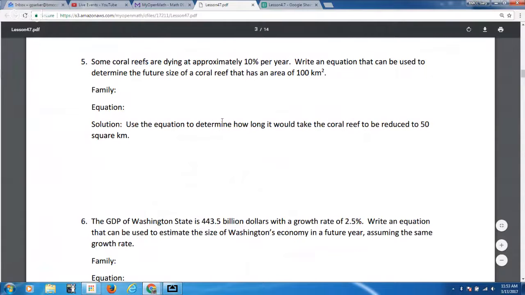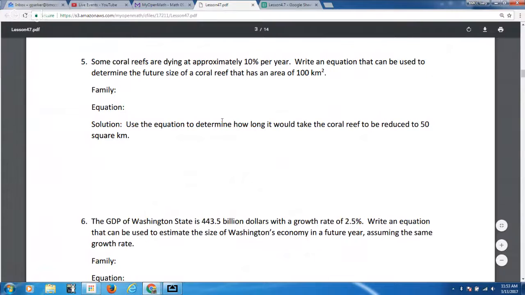So we're going to retain 90%. So that's our base. We're going to repeatedly multiply by 90% to figure out how much coral reef we have. So in this case, my equation would be y equals the initial amount is the capital A, that's 1,000 kilometers squared, times what I retain, which is my 90%, or 0.9 as a decimal, to the power of x.